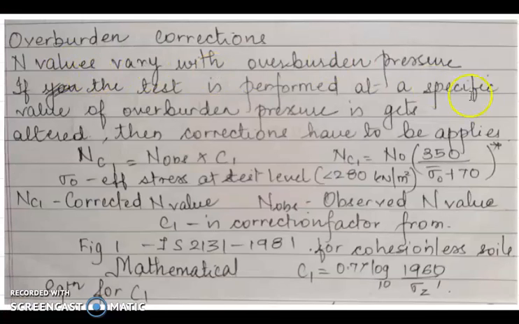N values vary with overburden pressure. So if you have performed a test at a specific value of overburden pressure and that pressure actually gets altered, then corrections have to be applied, because the N value that you have collected with the overburden will not be the same when the overburden, or the soil which is retained, is removed. So that correction needs to be applied.